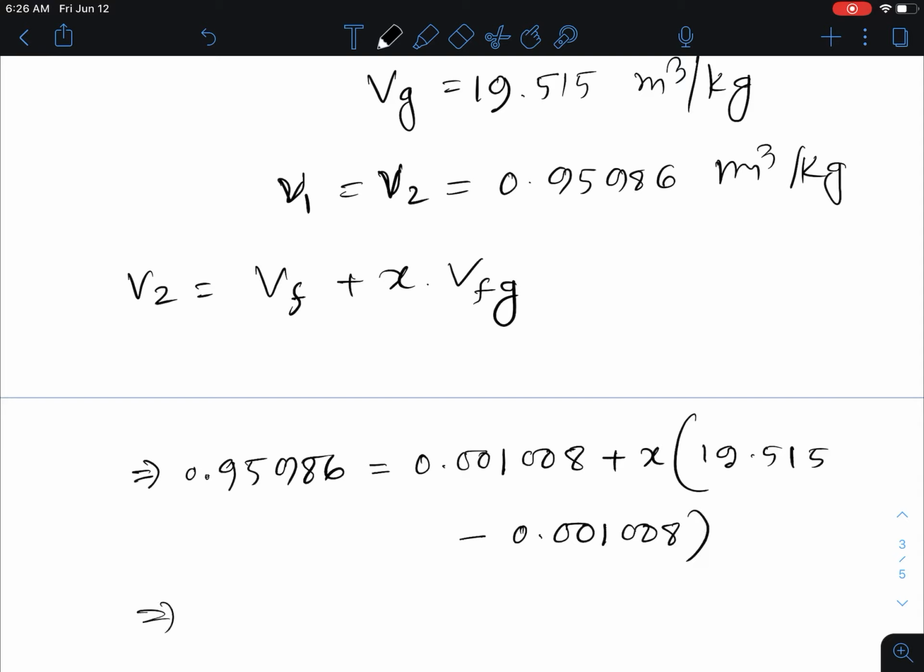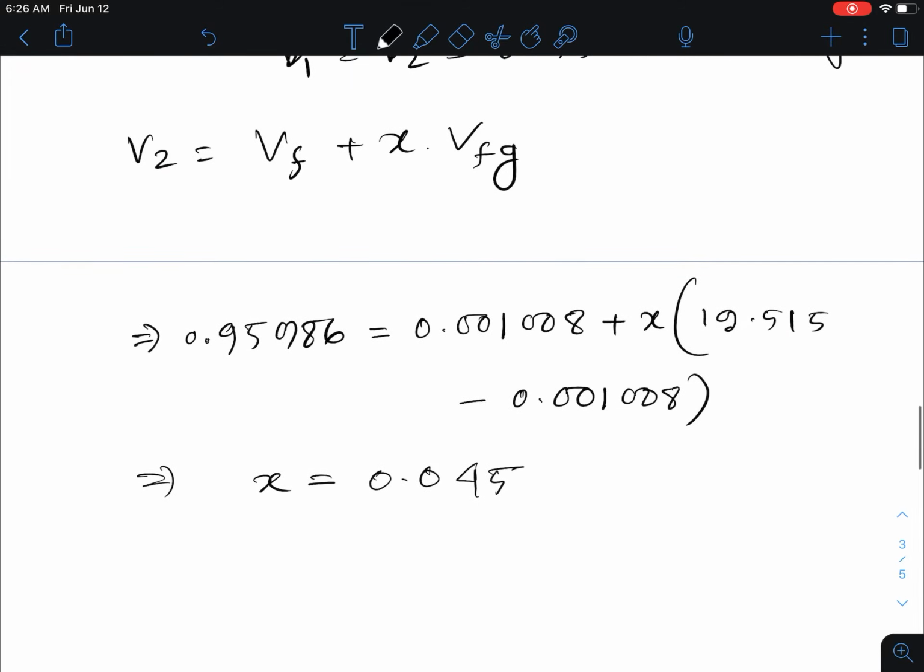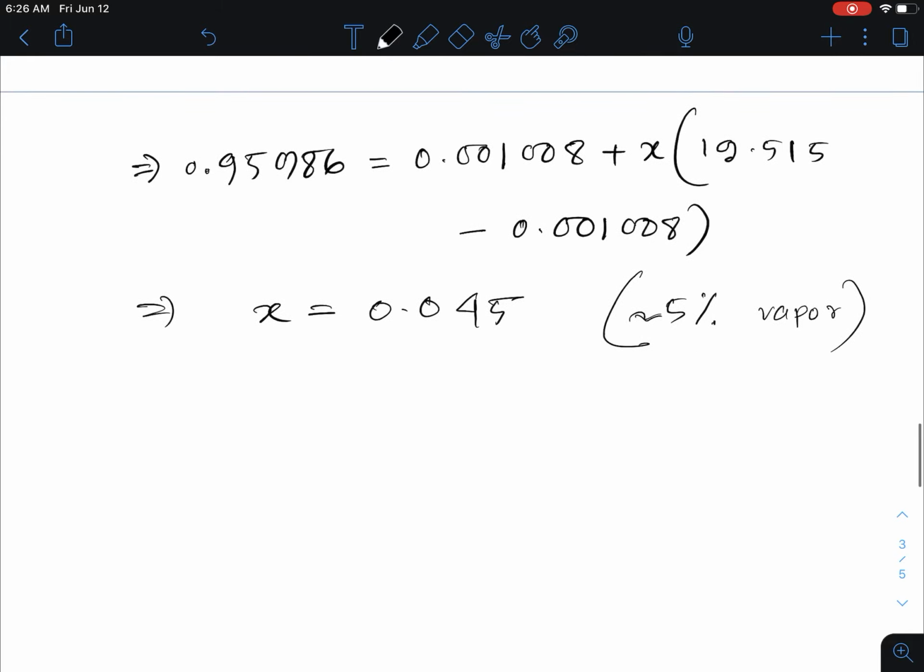So from here, if we use the calculator, and I already calculated this one, x will be 0.049. Meaning of 0.049 means that there is almost 5% of vapor, and the rest of them are liquid in this mixture. So this is the value of x.